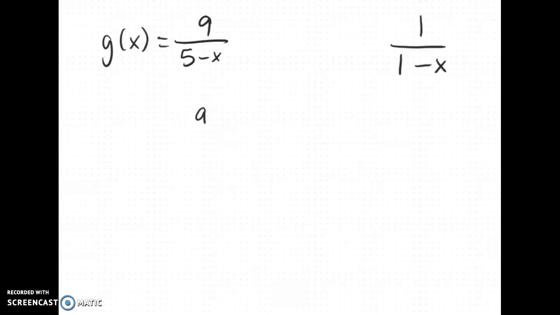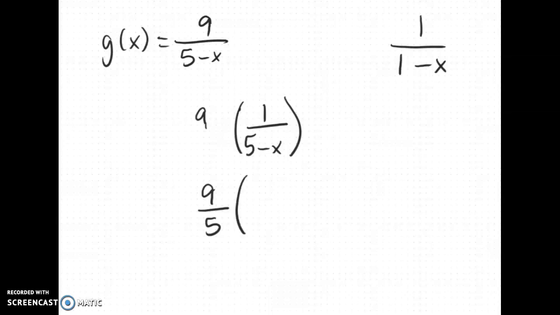So I'm going to factor out first the 9. And it would look like this, which is closer to this, but not there yet, right? And so I'm going to factor out now a 9 and a 5. So I'm factoring out the 5 from the denominator, so I have 1 minus x over 5. And so now I have this.